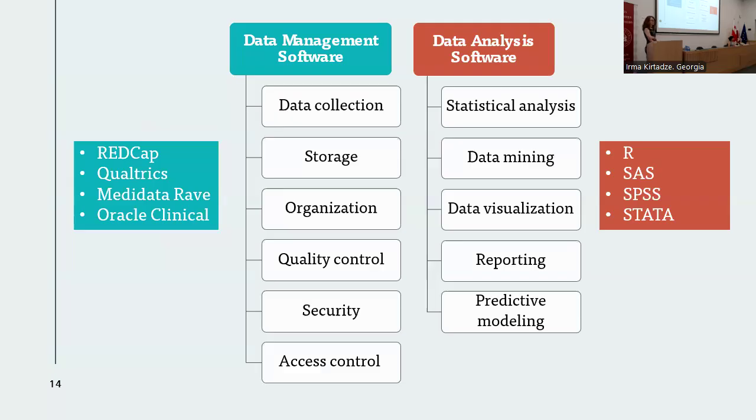Now that we've talked about the CRFs, let's talk a little bit about the software. What are we going to use for data management? There are very distinct differences between data management software and data analysis software. The purpose of data management software is data collection, storage, organization, quality control, security, and access control.